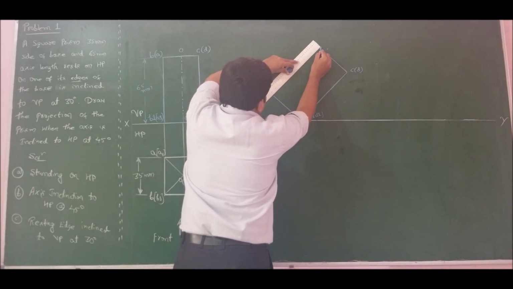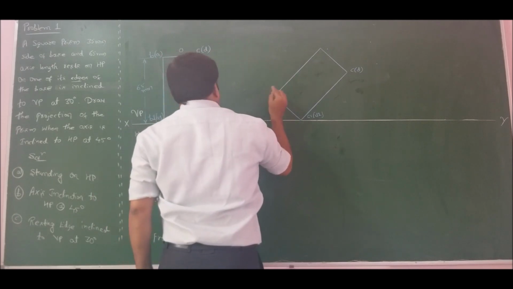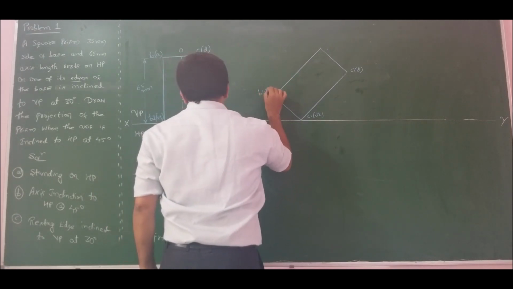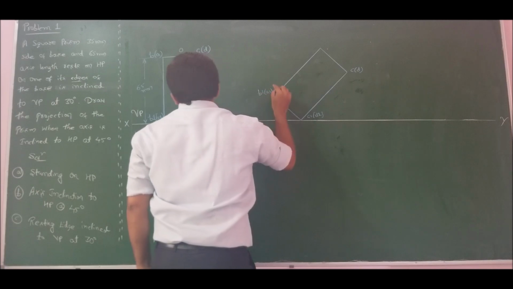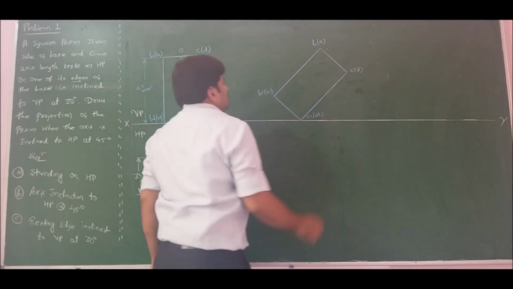Now join and mark the edges. This is B1 and A1 is invisible. This is B and A is invisible.